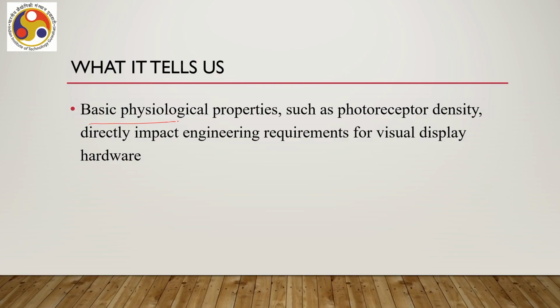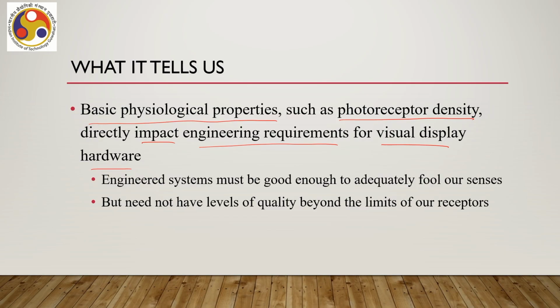Basic physiological properties such as photoreceptor density can directly impact engineering requirements for visual display hardware. So, the way we design the hardware can be determined based on the photoreceptor density. The displays are generally designed based on that knowledge. Engineered systems must be good enough to adequately fool our senses.